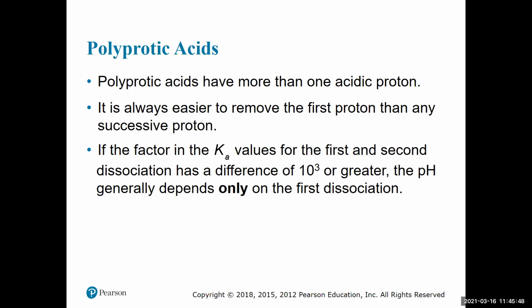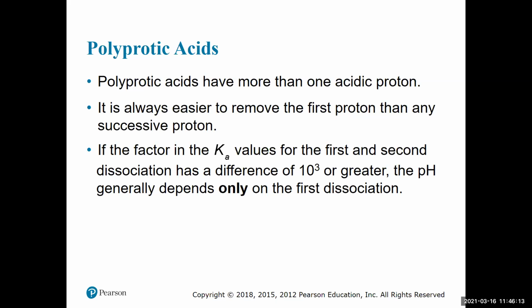The first one that it donates is often a lot easier to donate than the subsequent ones. And each of those protons that can be donated will have a Ka value associated with it. So it's not the same value for all the protons, they're different. And they come off in order like that, okay?